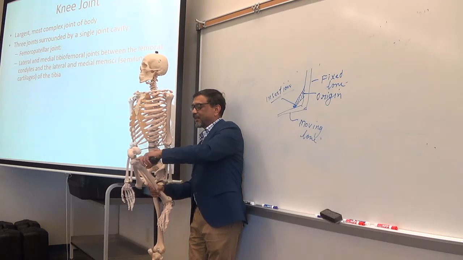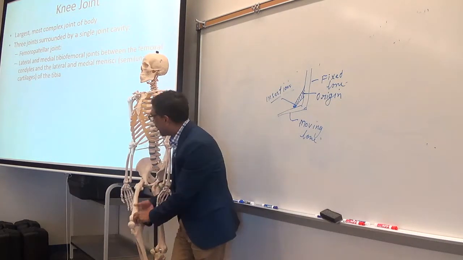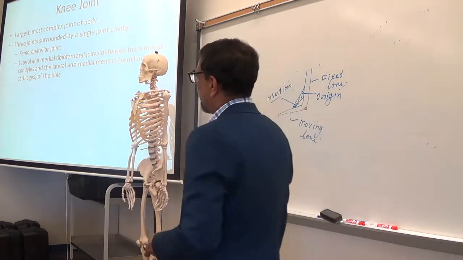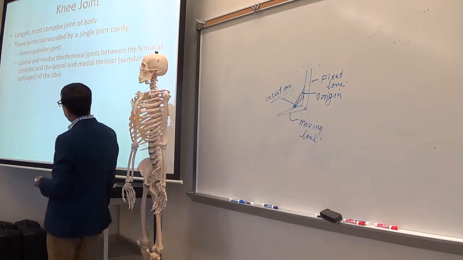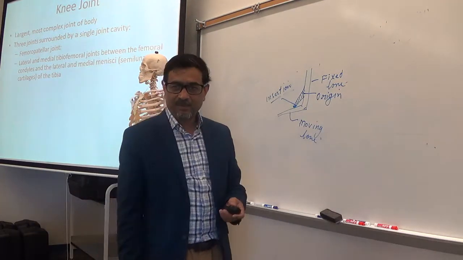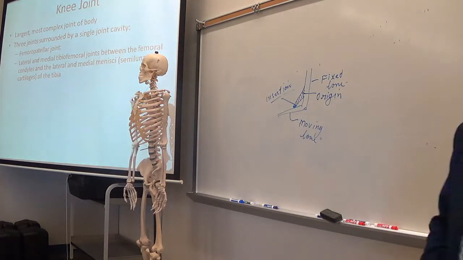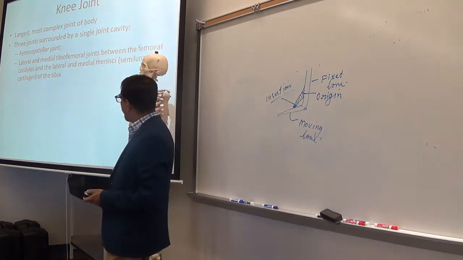And another joint is formed by the patella and the femur. Femoropatellar joint. So you see that within one joint you have 3 joints. Femoropatellar, that means the femur and patella, and 2 tibio-femoral joints, lateral and medial.